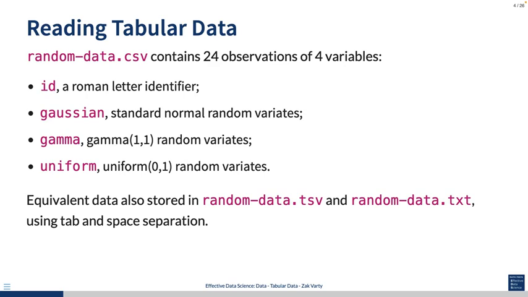There's going to be an ID, which is just a Roman letter from A to Z that functions as an identifier. There's going to be a column called Gaussian that contains standard normal random variates, a column called Gamma with Gamma 1 random variates, and Uniform with standard uniform random variates in it. So this really is some random data.